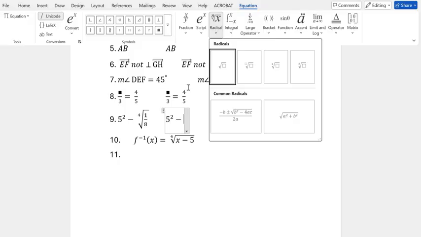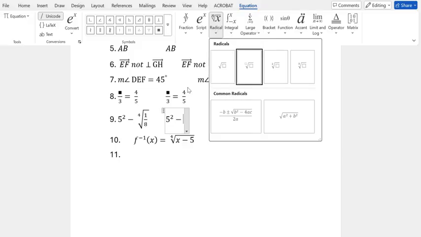In the fraction, script, radical options, I'm going to go with the basic one to begin with. The one I need is a radical with a number, where the radical is taken to another level. Equation structure, radical with degree.